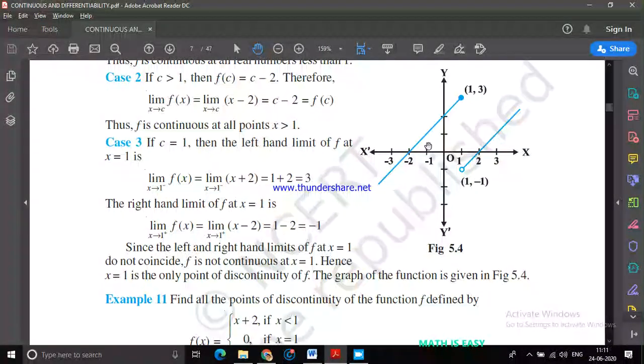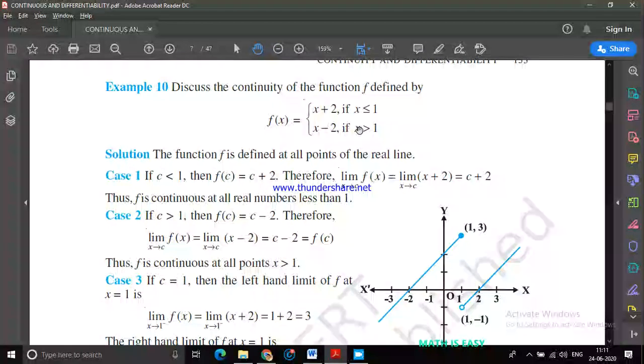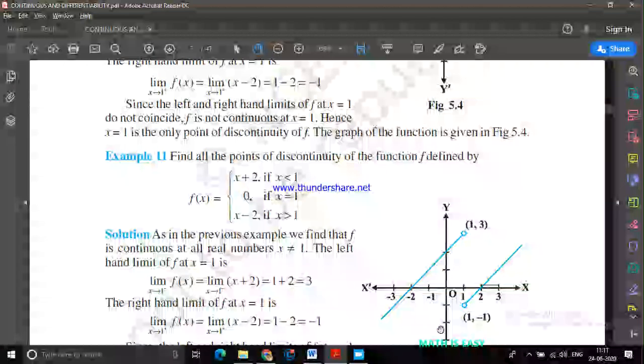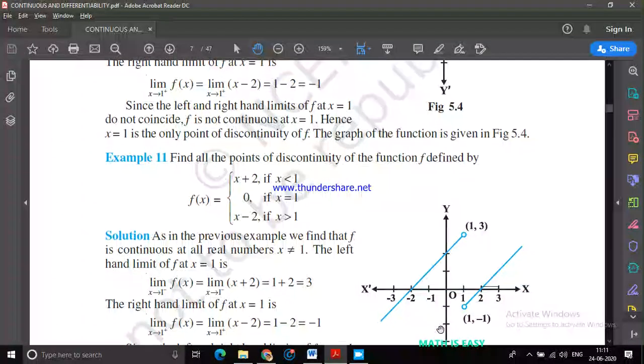Even if you draw the graph, this is the graph of one function, this is the graph of another function. Because this is a single function f of x, but there is a break between the two lines, there is a gap, so you can say it is not a continuous function.